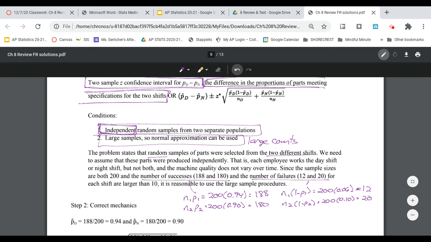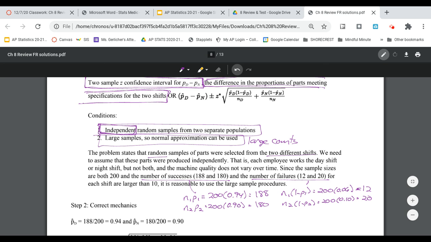Not just random samples, but independent random samples. So somehow describing how you know that. In this case, they say different employees work the 2 different shifts. So how one did on the day shift shouldn't affect the night shift because they're different employees. Later in the grading, they even said if you just had the word independent with a check next to it, they would call that good. That means you knew you were looking for independence.